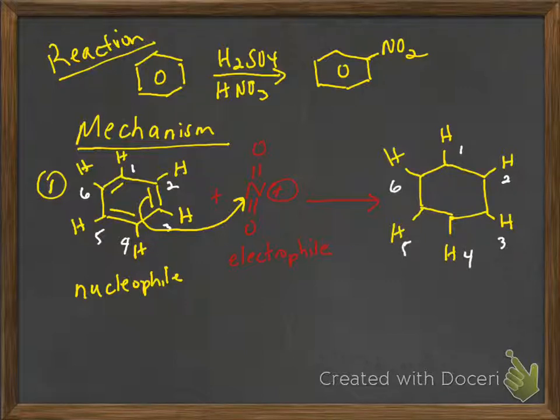And so based on what I've drawn, I still have a double bond between 1 and 6, and I still have a double bond between 5 and 4. But now that double bond between 2 and 3 is now being used to bond with that nitro group. So it doesn't matter whether you put the nitro group on the 2 or the 3. I'm going to go ahead and put it on number 2 over here, and then I'm going to be lazy and just draw it as NO2 because it doesn't really matter about the structure of it.